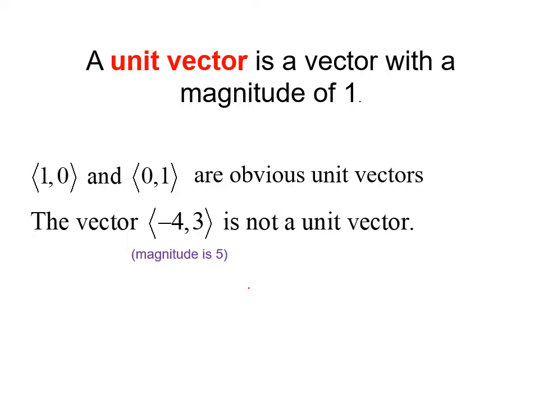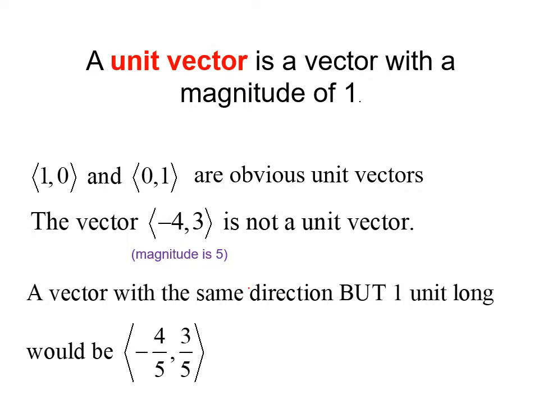If you did the magnitude of that, the norm of that, you'd see that the magnitude is 5. To form the unit vector, we simply take the x component and divide by the magnitude, and that gives us the x component of the unit vector. And the same thing with the y component.